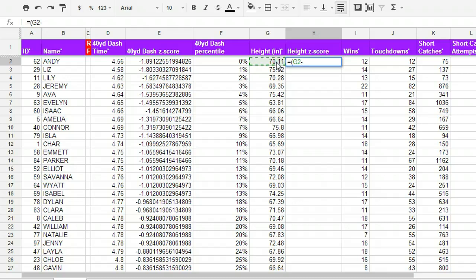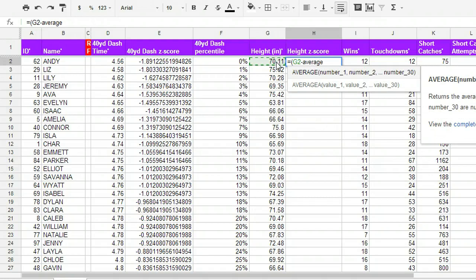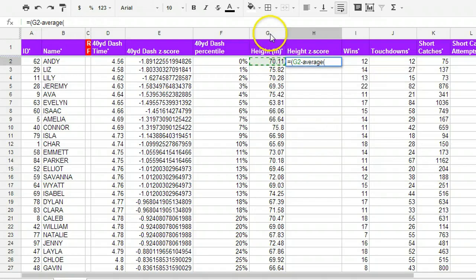So my average for all the different heights is going to be average, parenthesis, entire column G here in this case, close my parenthesis, and then close parenthesis again because I opened 2 on top, I need to close 2 on top. Then I divide by the standard deviation.